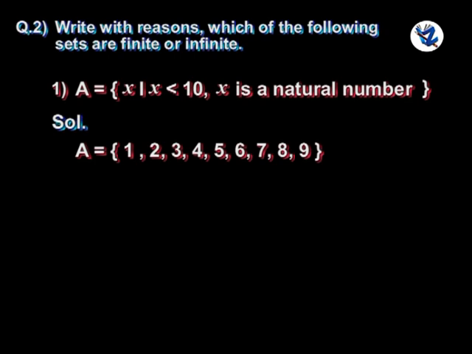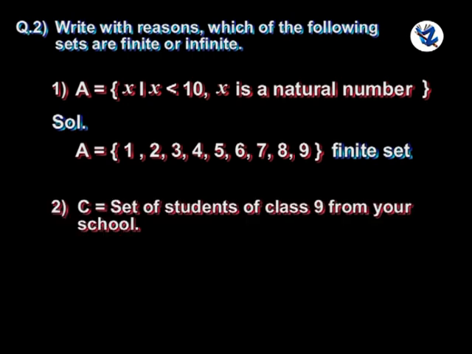The number of elements are limited and countable and therefore it is a finite set. Next, C is equal to the set of students of class 9 from your school. Here, the number of elements are limited and countable, so it is also a finite set.